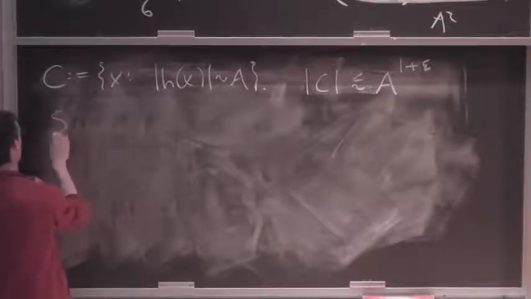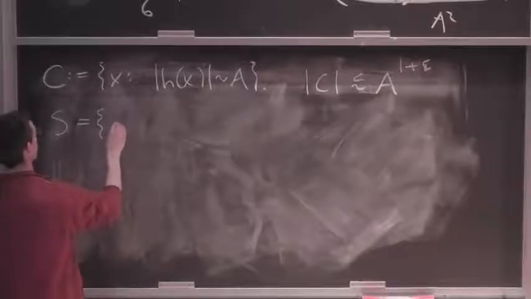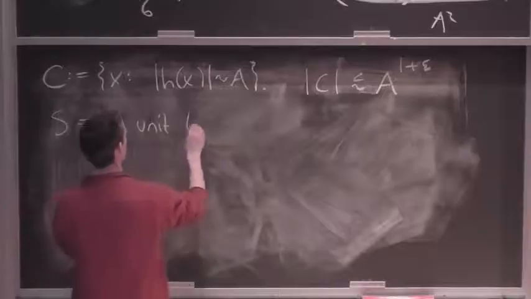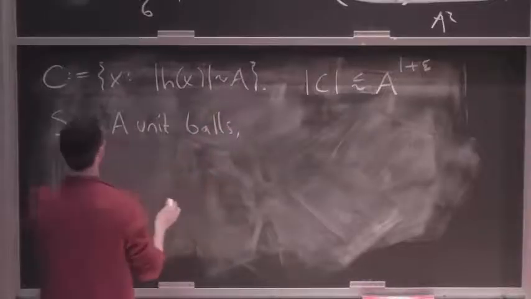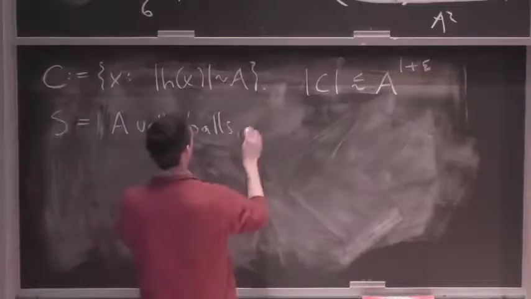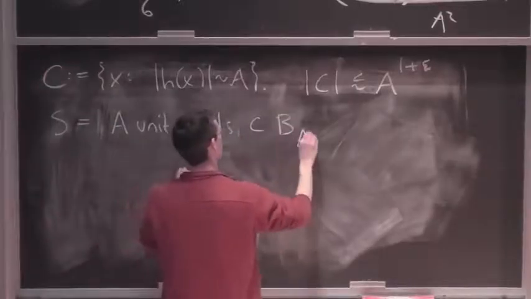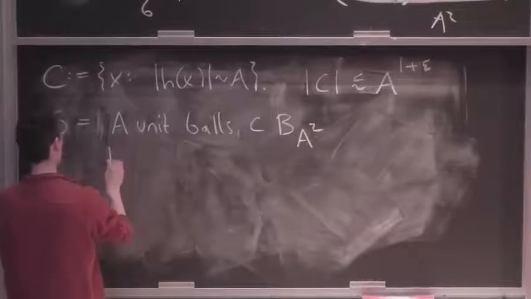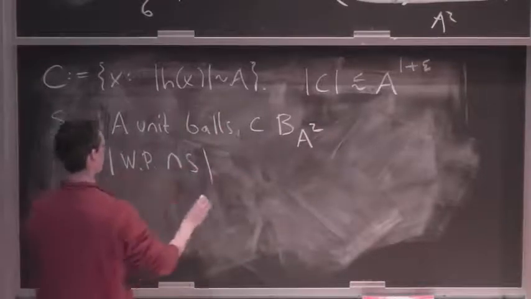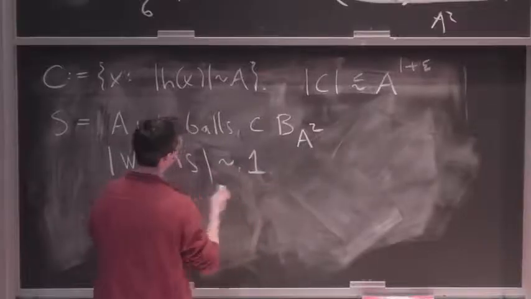So suppose that S is a set of A unit balls, and that they're fairly spread out in this big ball. So they're all contained in the big ball. And they're fairly spread out in the sense that if I take one of the wave packets and I intersect it with S, then I only get on the order of one ball.